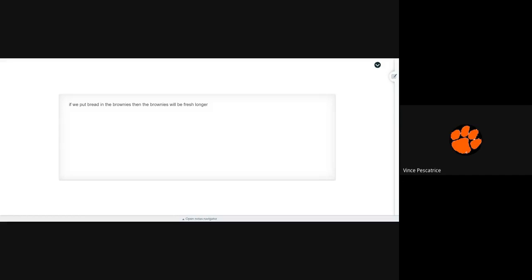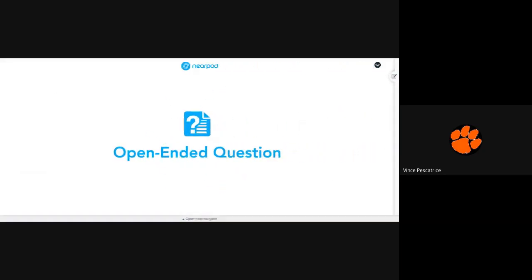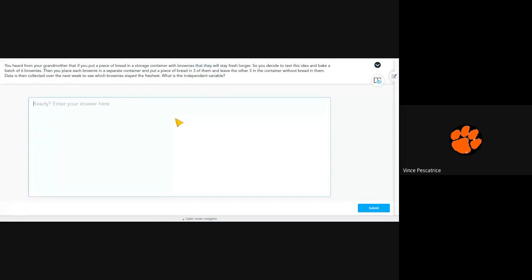All right, so our hypothesis is that if we put bread in the container with the brownies, then the brownies will stay fresh longer. A hypothesis can also be broken down like this: if your independent variable... And your independent variable is what you are changing.